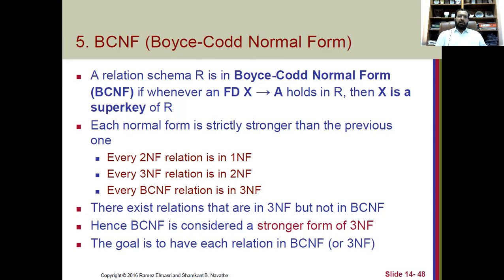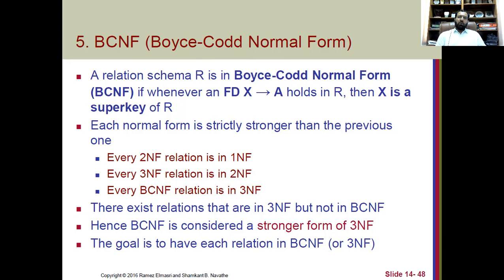A relation schema R is in BCNF if whenever an FD X implies A holds in R, then X is a super key of R. So whenever this condition holds, it means definitely X is the super key.